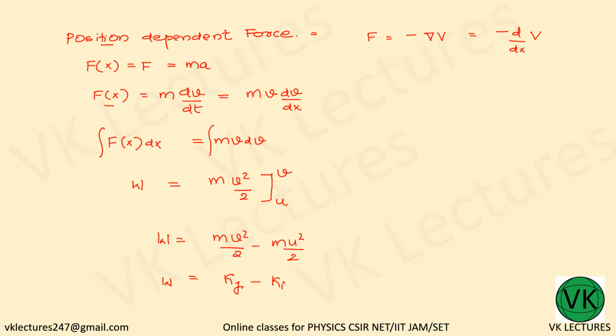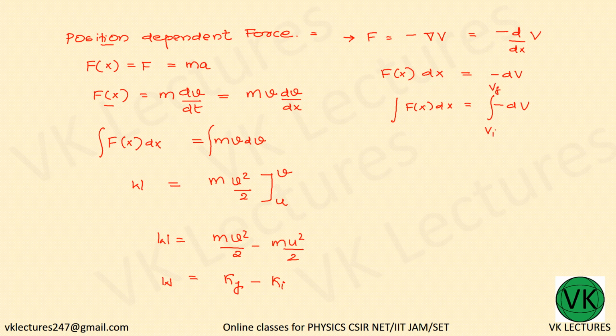So F of x dx is equal to minus dV. From this equation, integral F of x dx is equal to minus integral dV. Now let us take the initial potential Vi and the final potential Vf.